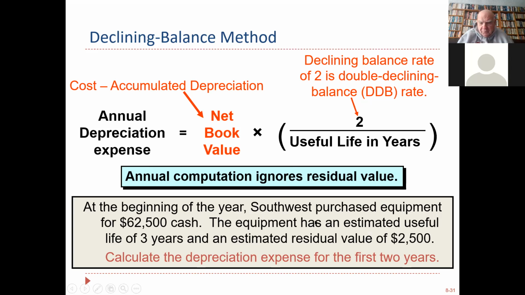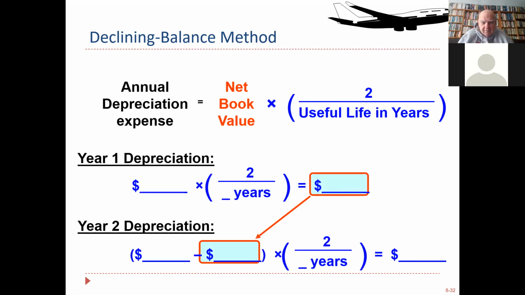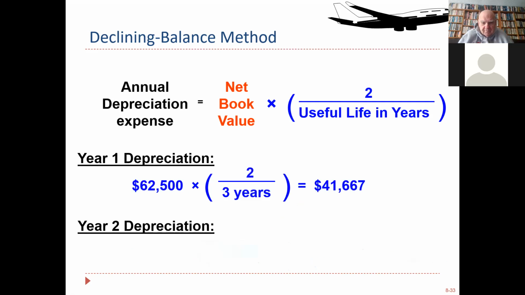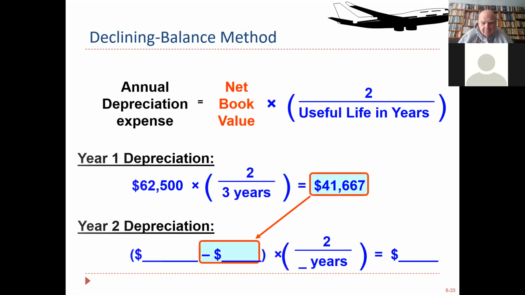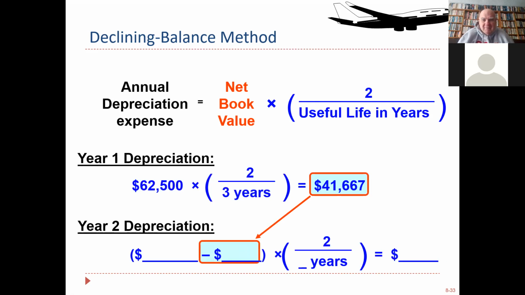At the beginning of the year, Southwest purchased equipment for 62.5, estimated useful life. Same information we had before, okay? The declining balance method. Go back up here. Here we have a machine that we said was going to work for 3 years.